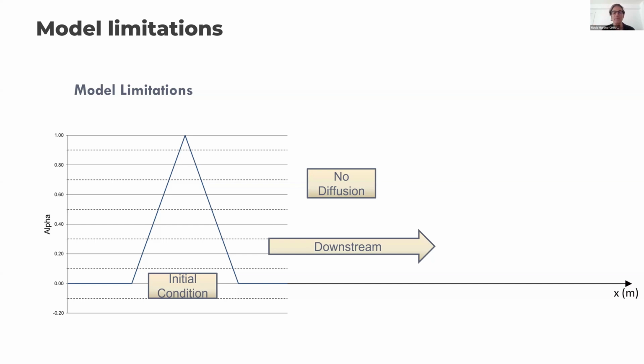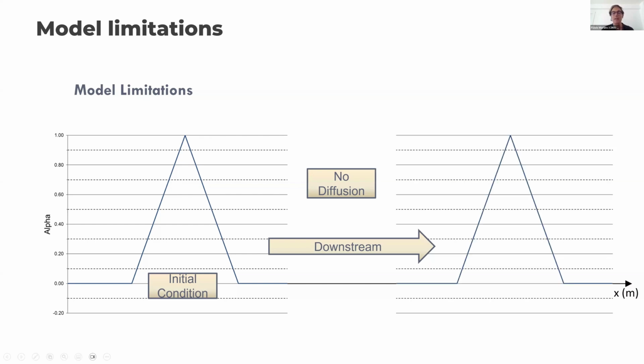What do you expect to have downstream? When this property moves downstream, you expect to have this, right? The same concentration moves, but because we don't have diffusion, the triangle is maintained, okay? A model that is correct should do this.